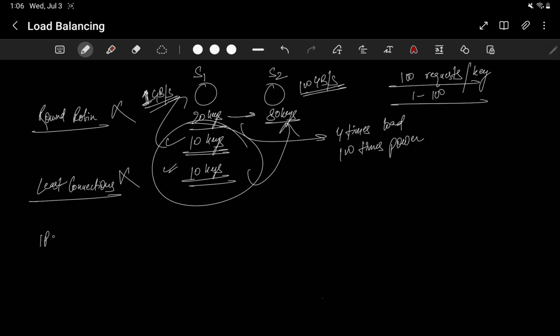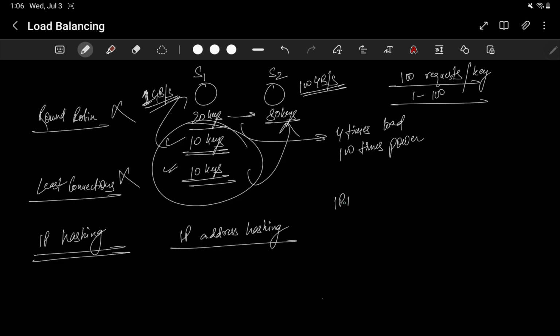Another approach is called IP hashing. In this, we hash the IP addresses. Let's say an IP address hash becomes IP1. Another IP address hash becomes IP1 again, even if it's from a different location, say the US or Australia, since we do not know what the hash will do.